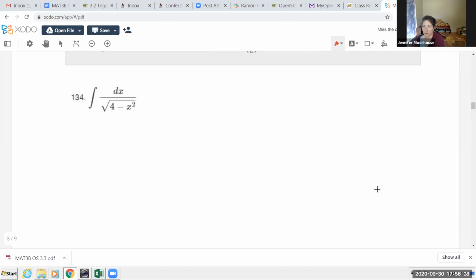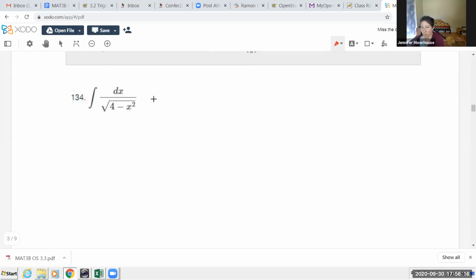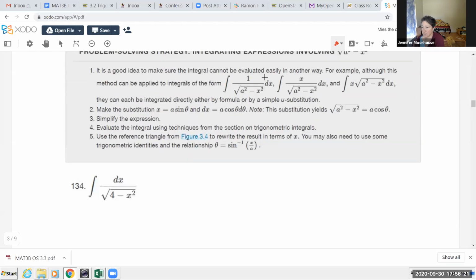All right, so this integral of 1 over the square root of 4 minus x squared, I don't know why they say that this type can be integrated directly. Oh, by a formula. So this integral of 1 over the square root of a squared minus x squared, I think that's one in the table of integrals that we haven't really looked at yet, but we could.